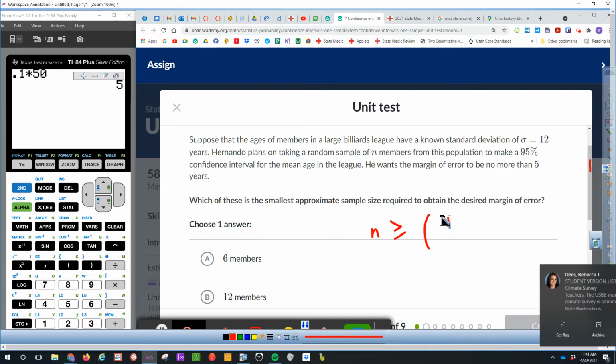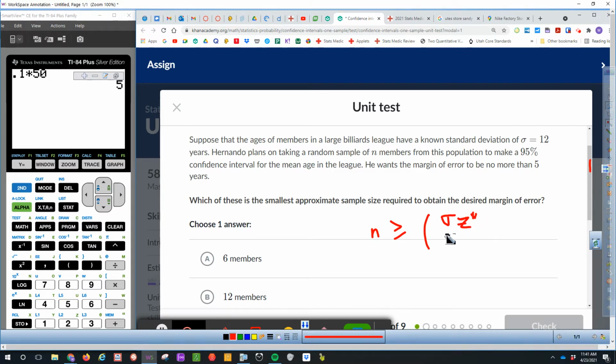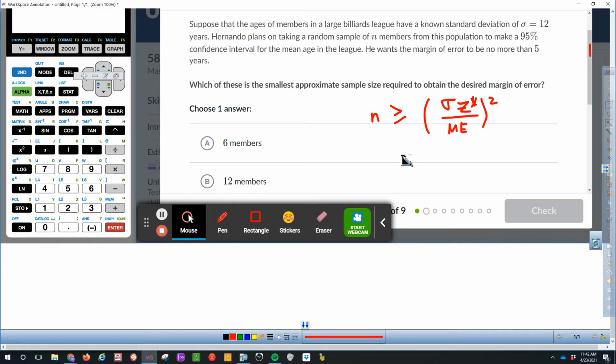This formula: sigma times z star, divided by margin of error, and the whole thing squared. Okay, so let's see if this works out. We can plug it in. We know sigma. We do not know z star, but we can find z star using that 95% confidence. And we know that margin of error is 5, so we can plug all those things in.